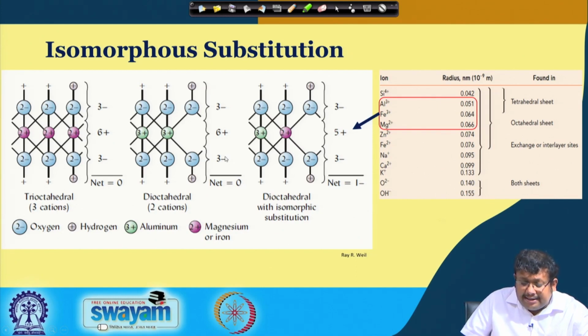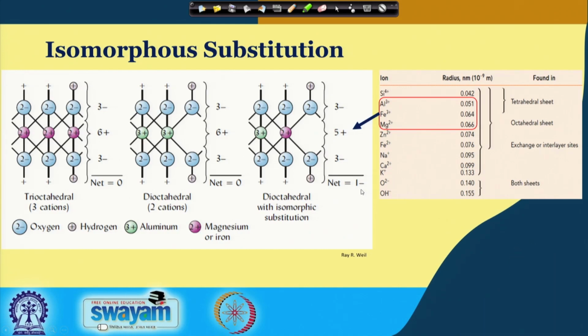So, when this isomorphous substitution occurs in this octahedral sheet, suppose we are replacing one aluminum ion with one magnesium with the valency of 2 plus, we will get a dioctahedral structure with isomorphous substitution. And when we are getting a dioctahedral structure with isomorphous substitution, obviously here total positive charge is +5 and total negative charge is -6. Ultimately, we are getting an excess of negative charge.